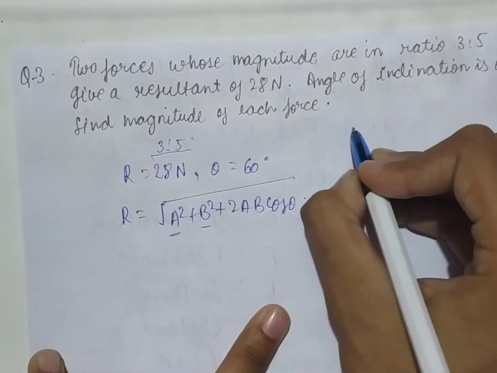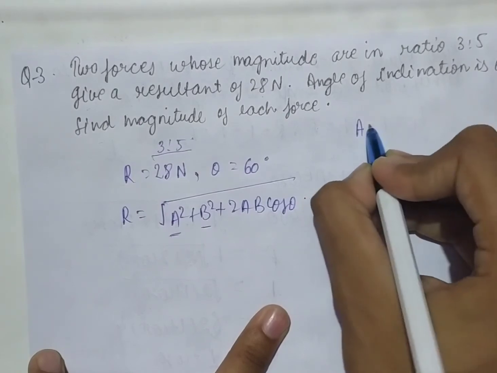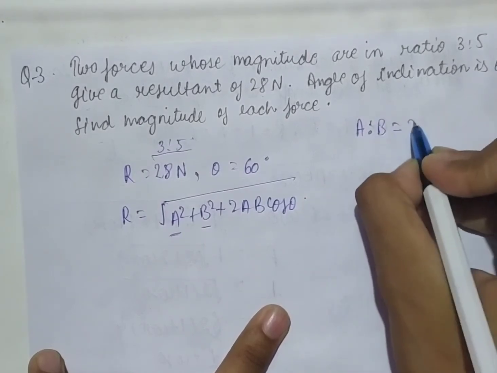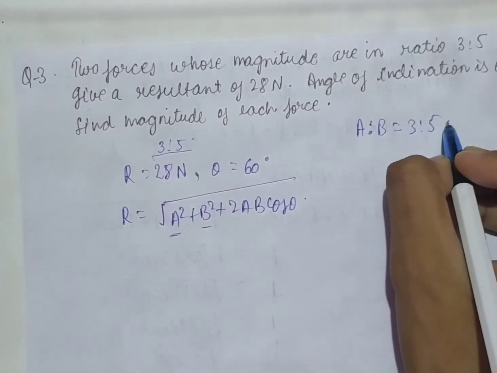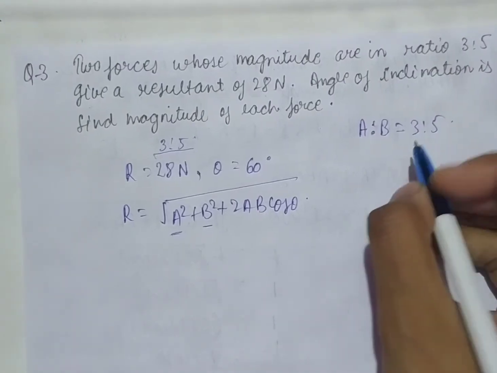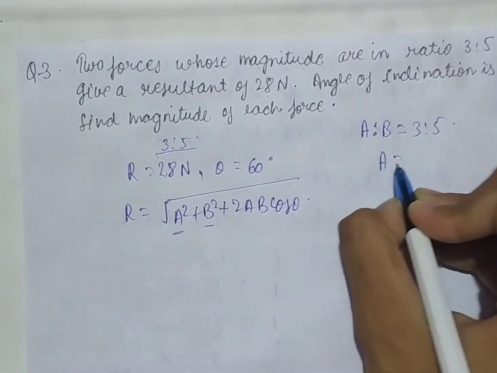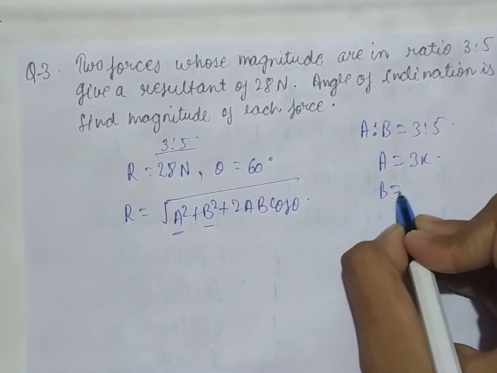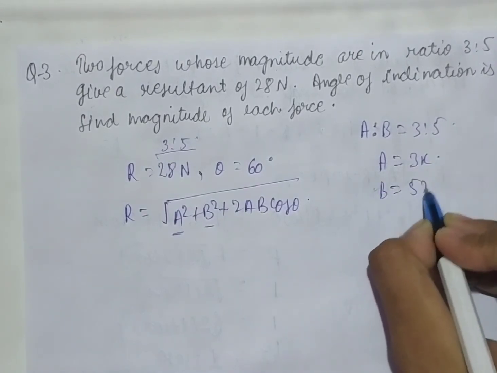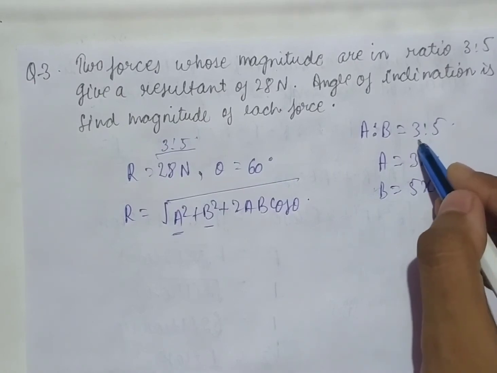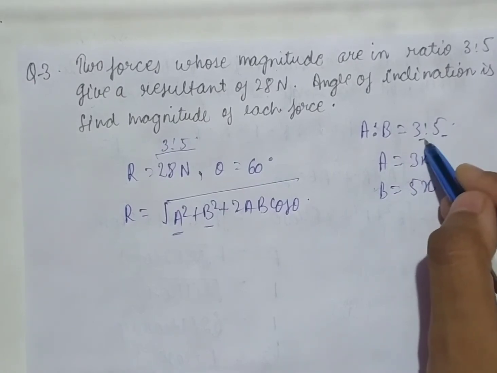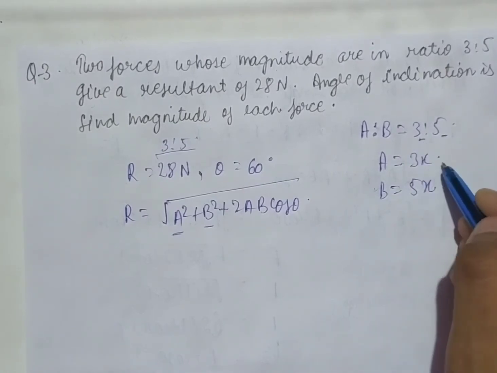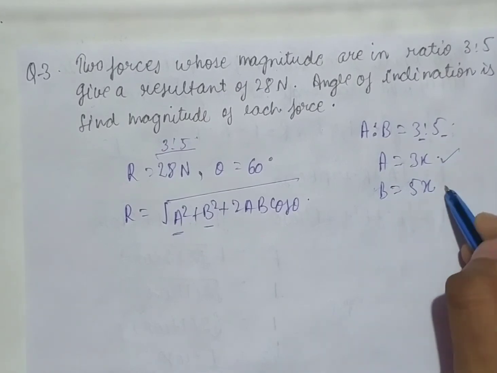So we can consider a to b as 3:5. Let us consider vector a as 3x and vector b as 5x. Ratio means there is some multiple factor which is common to both.